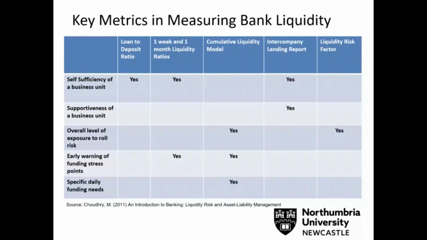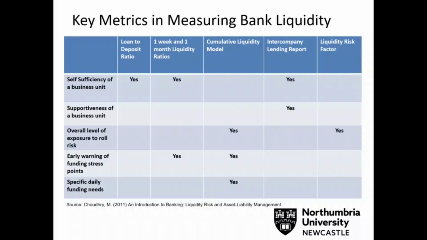Okay, now we're going to move on to look at some of the metrics that the banks may use when managing liquidity. Now, you could argue that these are some type of measurement technique, but really it's a monitoring process, and certainly the Treasury Department within a bank will monitor and measure these, but they're more metrics to observe and react to rather than overall liquidity risk measurement techniques that we covered last week.